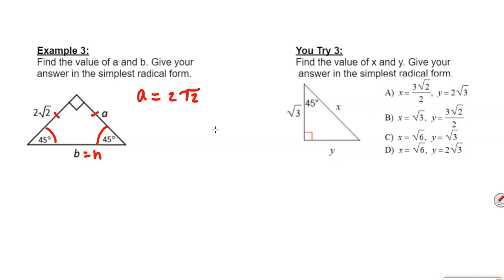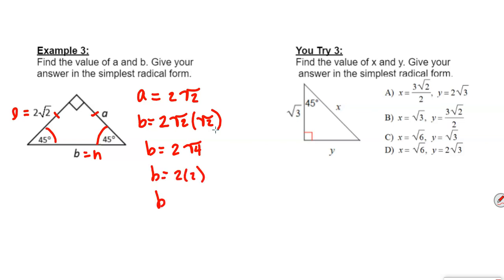So we're going to say B is equal to 2 square root of 2, that's our L, right? Isn't this our L? It is. Times the square root of 2. And we've already done this one, square root of 2 times square root of 2. 2 times the square root of 4, right? So B is equal to 2 times 2, so B is equal to 4.